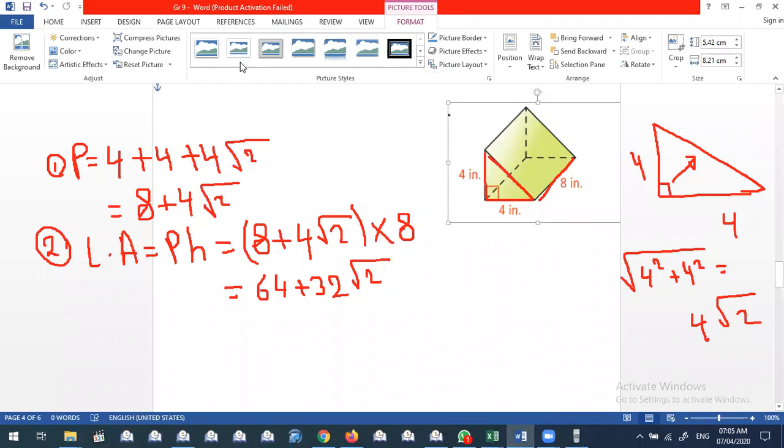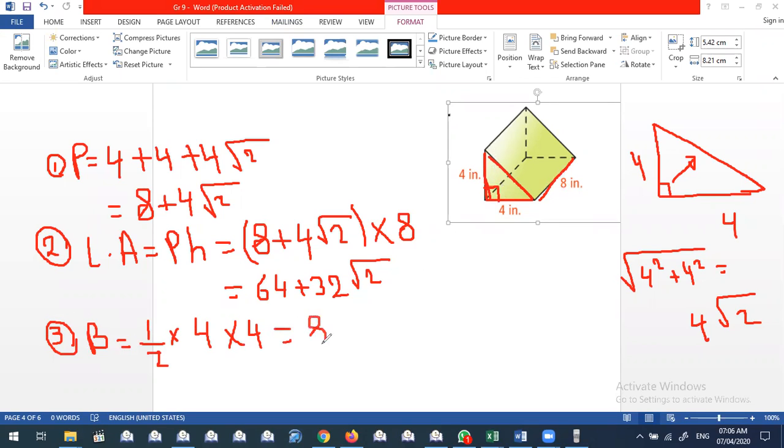Now, step number 3, we are going to find B, which is the area of the base. The base is a triangle, so it will be half times base, which is 4, times height, which is 4 also. Base and the height, they are connected by the right angle.